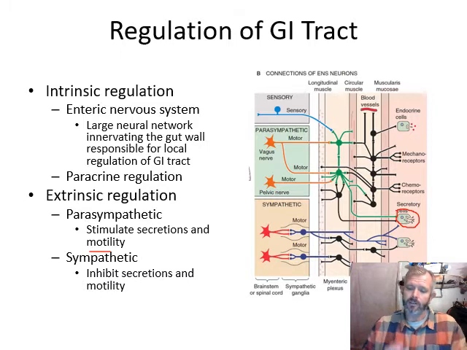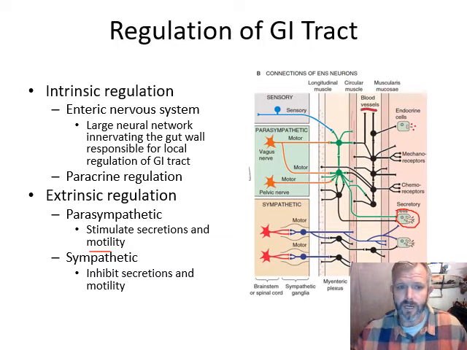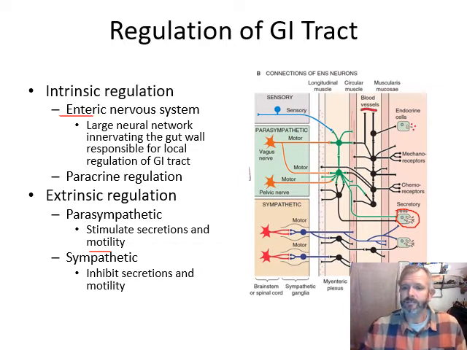Okay, but this is a large nervous system. A lot of the control of the digestive tract is controlled by the enteric nervous system, and again with influence of the parasympathetic and the sympathetic nervous system.